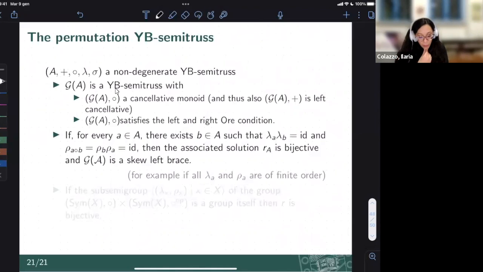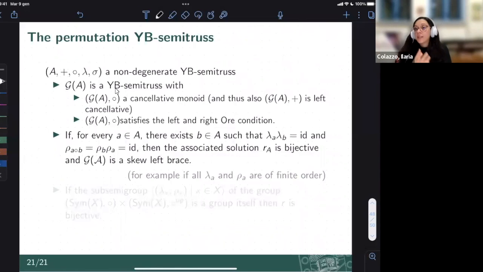Moreover, under the assumption that for every a in A we have an element b such that lambda_a lambda_b is equal to the identity and rho_b rho_a is equal to the identity, then the associated solution is bijective. And we can say more: the permutation YB semi-truss is indeed a skew brace.